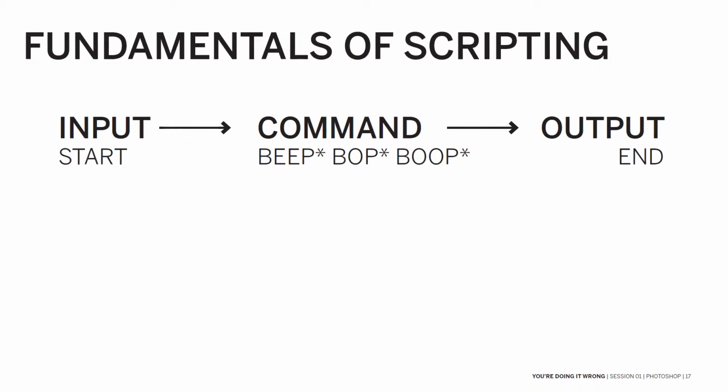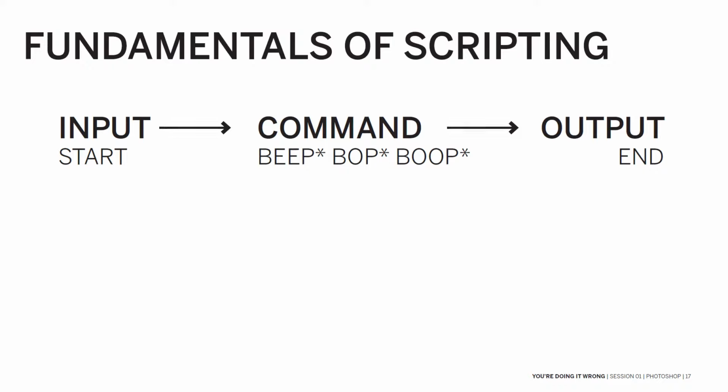So all scripts are just inputs, which is the what is happening, what is the initial data that is to be manipulated. Then you have a command, which is a function that's run on the original input that you've given it. And then that gives you an output. So input, command, output, which is the result of the function run on the initial input.